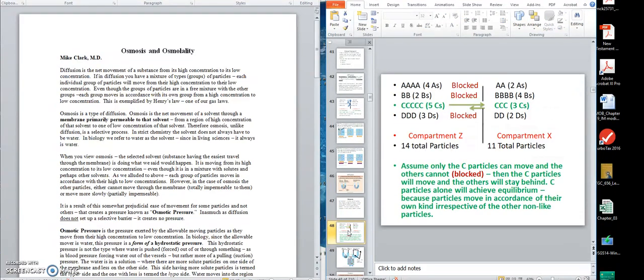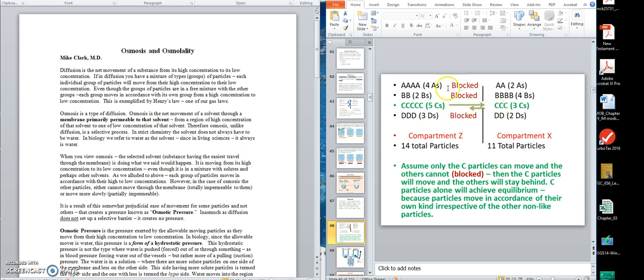Now, I go here. So see, this barrier is blocking these others. Assume only that these particles can move. Now, this is where the clincher is going to come in. The clincher is that since particles look at their own kind, if you allow these C's to move, they're going to do it.